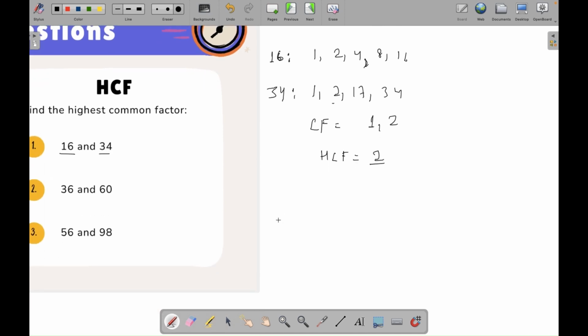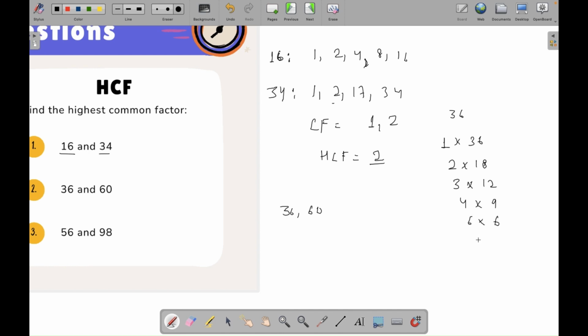Similarly, we'll look for 36 and 60. 36 again, if we find the factors using factor pairs. So 1 times 36, 2 times 18, 3 times 12, 4 times 9, 5 not divisible, 6 times 6, right?